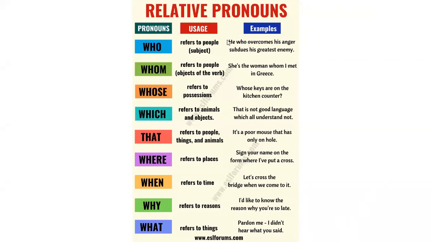For example, look here: "He who overcomes his anger subdues his greatest enemy." "Who overcomes his anger" is another sentence. So we use this relative pronoun to introduce a clause, in which we use who or any one of these pronouns to join more than one sentence inside the same one.